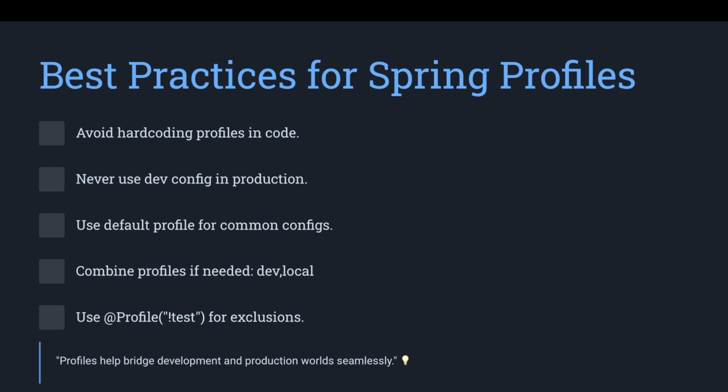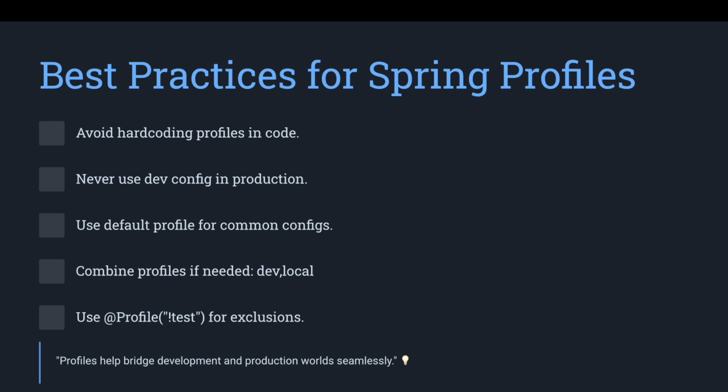Now I'll talk about best practices for Spring profiles. We should always avoid hard coding profiles in the code. Never use dev config in production. Use default profile for common config. Use a combined profile if needed, like dev or local, depending upon your use case.